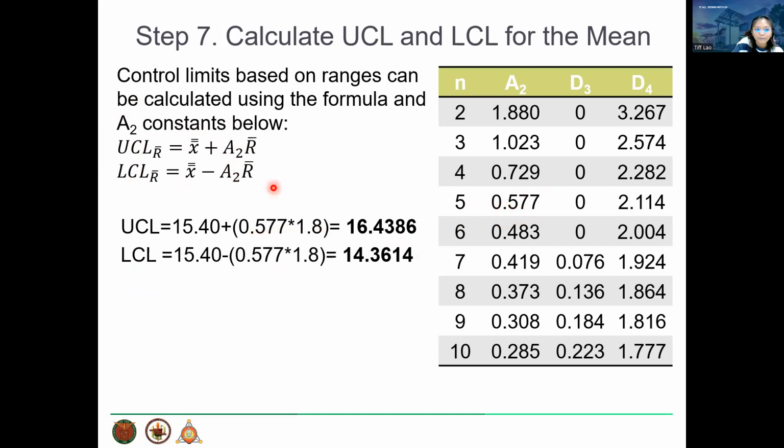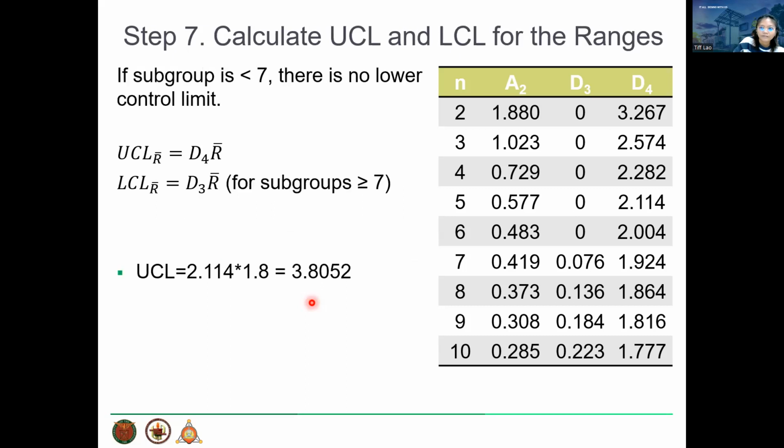Tapos just input the mean range, 1.8, and the grand average, 15.14. Meron na tayong control limits for your X bar.